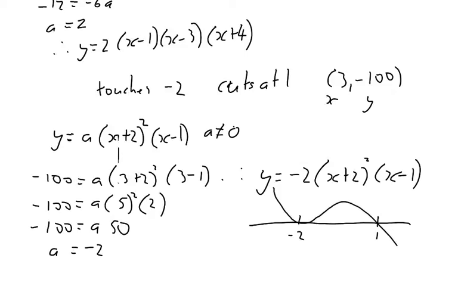Obviously, (3, -100) might look something like that, okay? Being a negative cubic. But yeah, makes sense because 3 would be over here somewhere and -100 would be all the way down south, down there. Okay, so that's a rough idea of what it might look like.